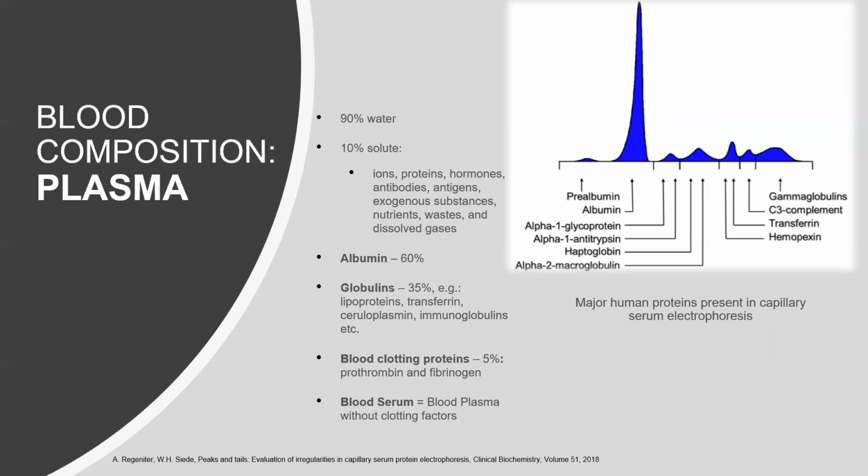The most abundant plasma protein is called albumin. And since it's so abundant, it's like 60% of all proteins, it significantly contributes to the osmotic pressure of the blood. The osmotic pressure of the blood draws water from tissues into the bloodstream.